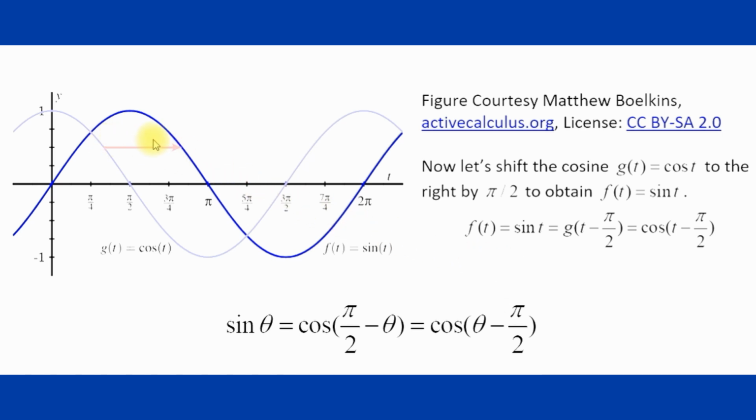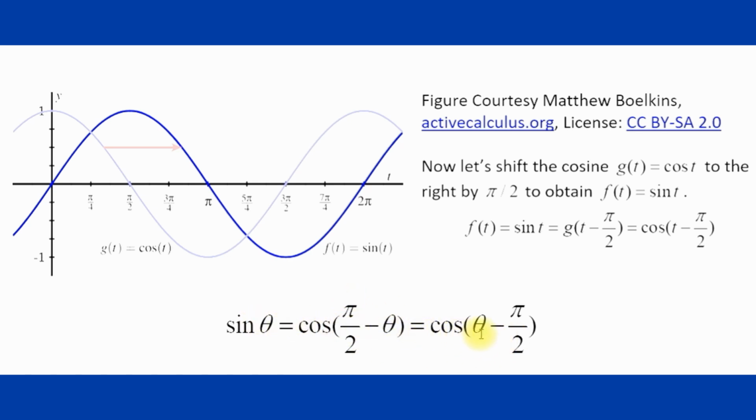Here's a summary of what we have been talking about. First, we talked about shifts, and then we talked about this relationship here. Notice that the sine of theta is equal to the cosine of the quantity pi over 2 minus theta, but because this cosine is an even function, we can flip the order here. In other words, insert a minus sign in front of this whole expression, and that's true.